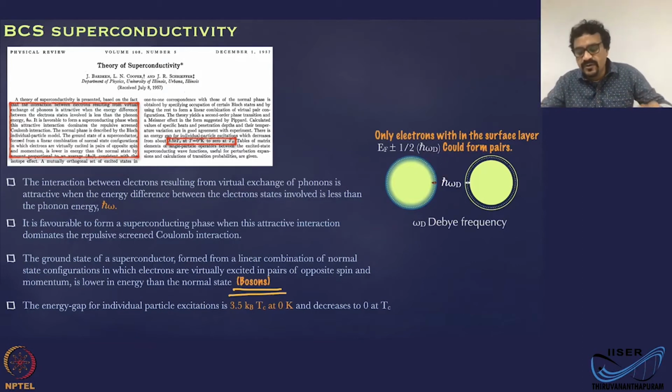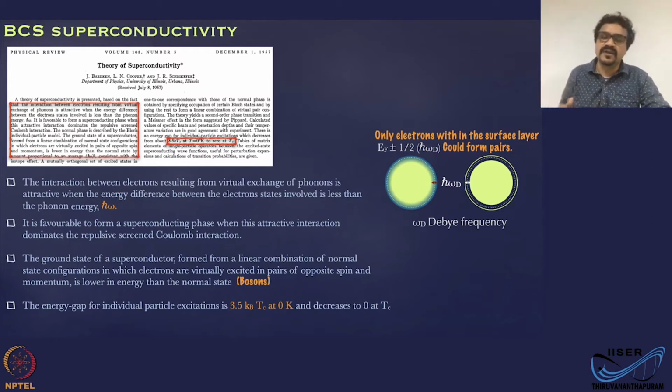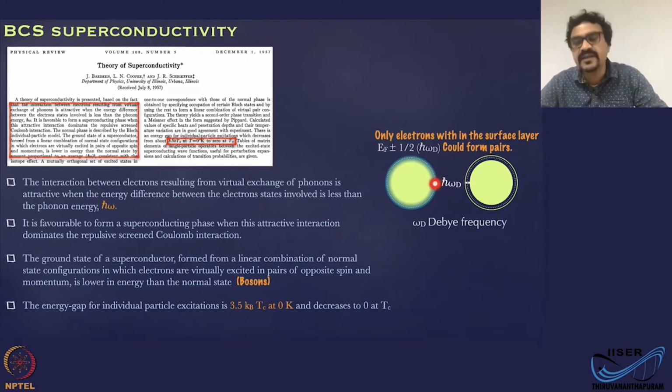Basically, if you look at the Fermi sphere of the normal metal before it became superconducting, you will get a continuous distribution of states with a small temperature broadening.